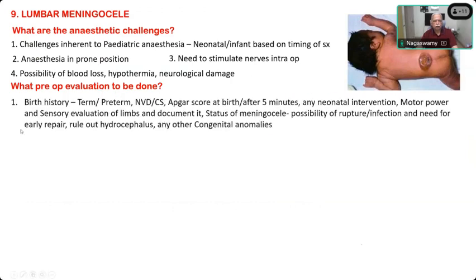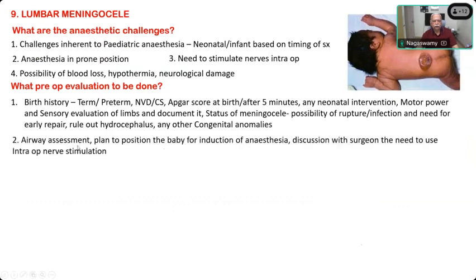But again, go for birth history, term, normal vaginal delivery, Apgar score at birth and after 5 minutes. Any neonatal intervention that was needed at the time. Motor and sensory evaluation of the limbs, and document it. This is very, very important. And status of meningocele, possibility of rupture or infection, and need for early repair. Rule out hydrocephalus. Children with meningocele may also have hydrocephalus and any other congenital anomalies.